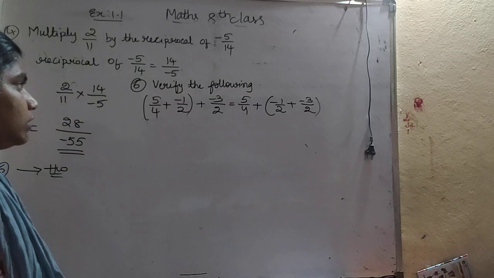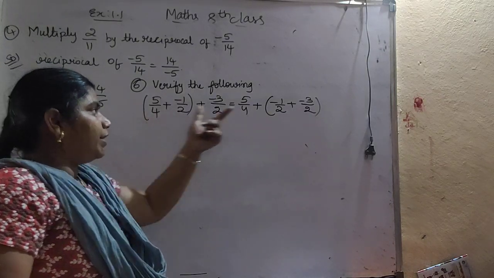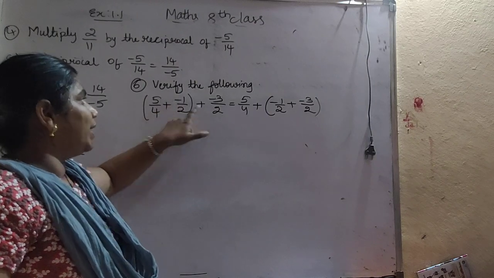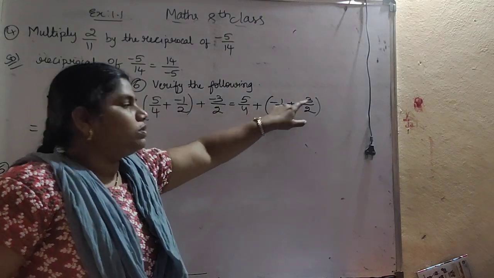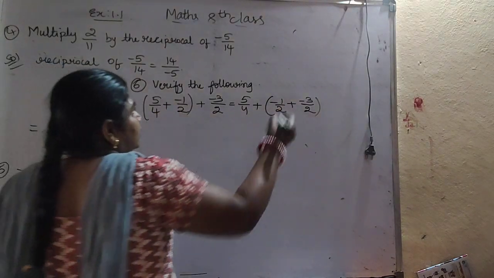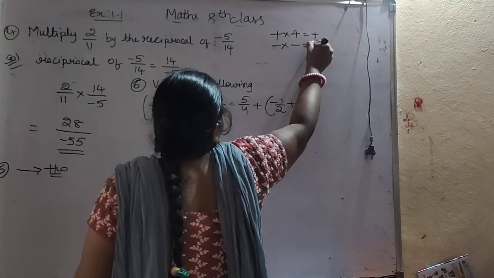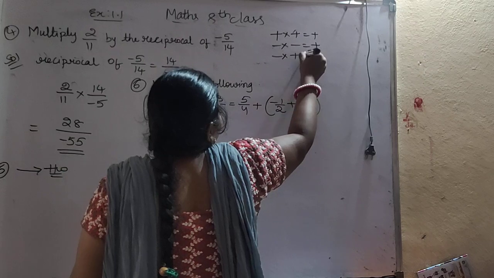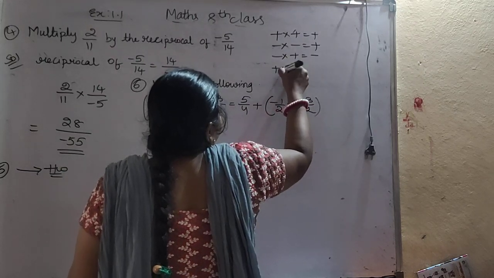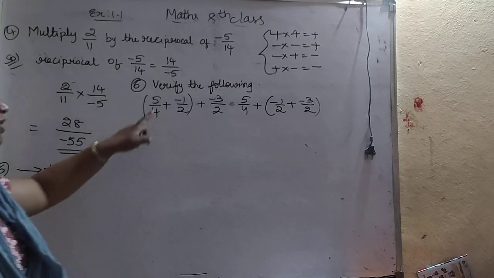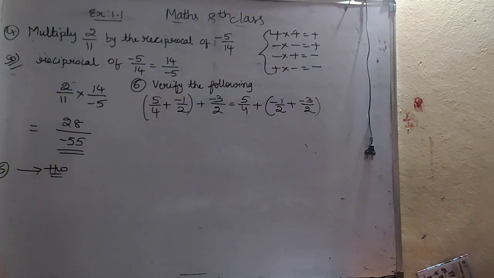So first we will solve the bracket terms, and wherever you are seeing double signs together, we will make them into a single sign. Plus into plus will be plus, minus into minus will be plus, minus into plus will be minus, plus into minus will be minus. By using these signs, we change the double signs into single signs.